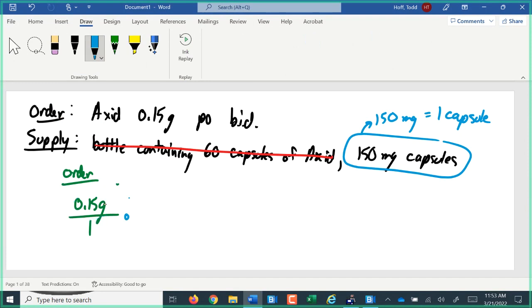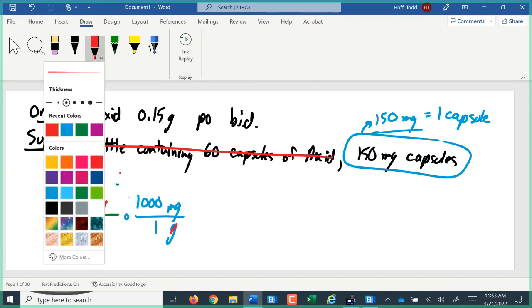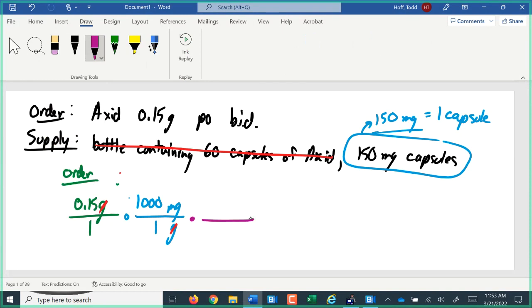Fortunately, grams to milligrams is a standard conversion. I'll put grams on bottom, milligrams on top. We know that 1 gram is 1,000 milligrams. So the grams will disappear. Then in our next step, we'll go from those milligrams to capsules. So 150 milligrams goes on bottom because milligrams were on top. Capsule goes on top.